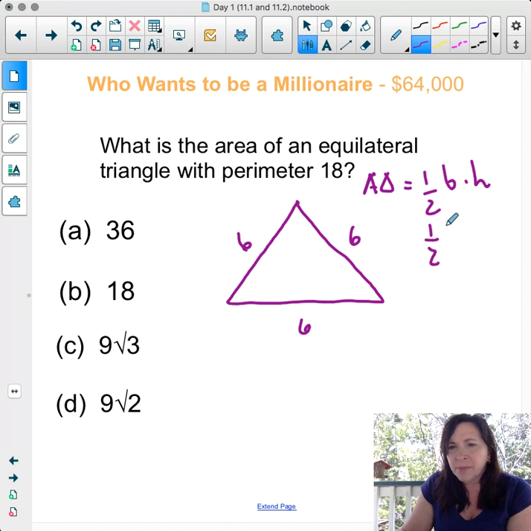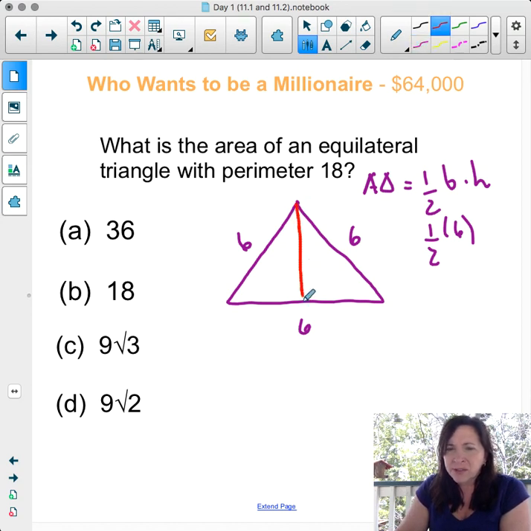So we have 1/2 my base, which is 6 units, but I need to draw in my height. Remember, if it's isosceles or equilateral, your height is going to come down perpendicular and divide this into 2 equal parts. So now I have a 3 here. Also, this is a 30, 60, 90. So 60 here, 30 here.